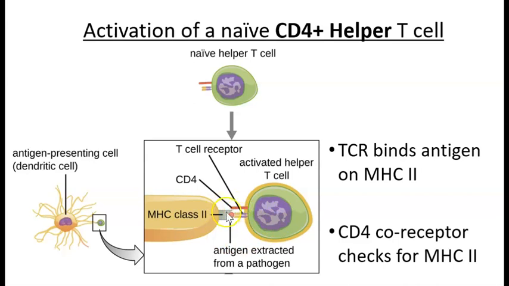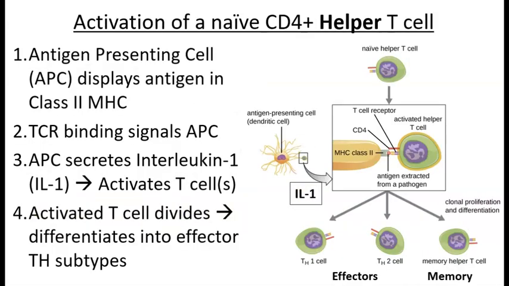It binds to the epitope that is displayed on that cell, and here we have CD4 checking so that you don't have to worry about this T cell receptor binding to the wrong kind of MHC displaying that epitope there.